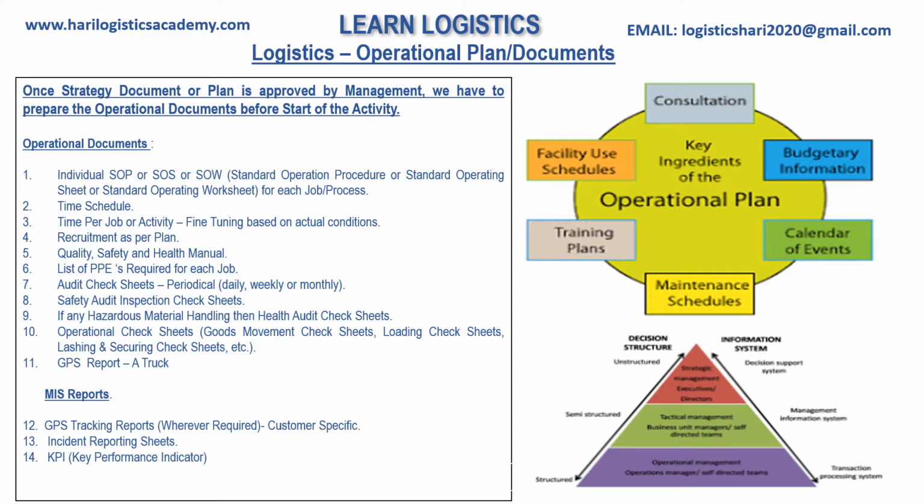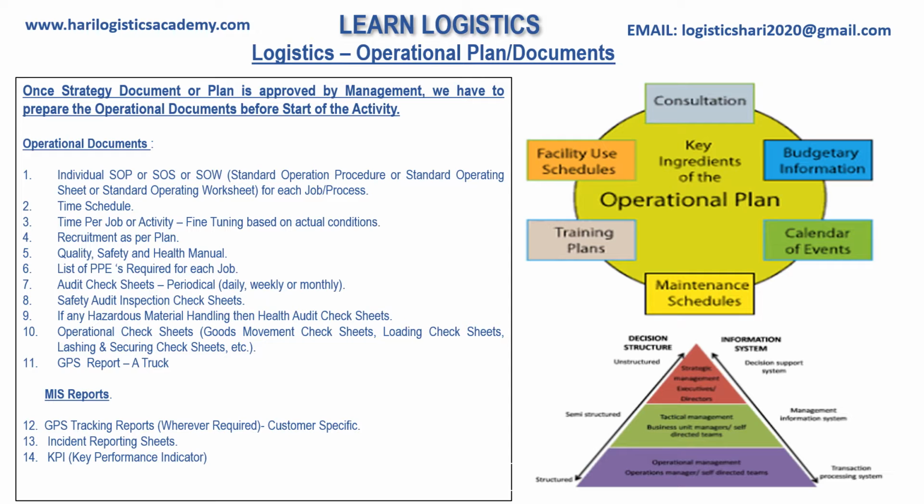Eight, safety audit inspection check sheets. Nine, if any hazardous material handling, then health audit check sheets are required. Number ten, operational check sheets. For each and every activity, you have to prepare an operational check sheet. So for transportation, it means goods movement check sheet, loading check sheets, lashing and securing check sheets, etc.